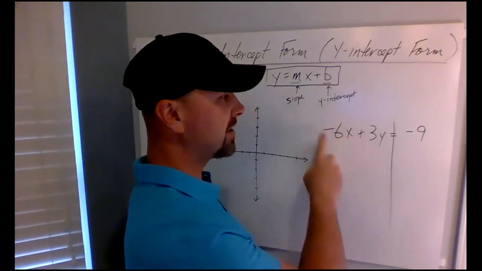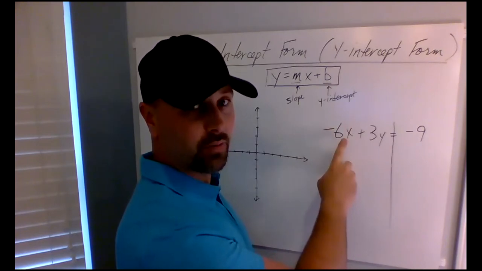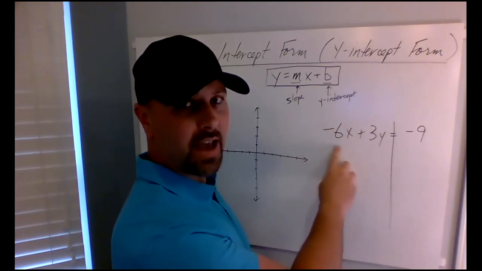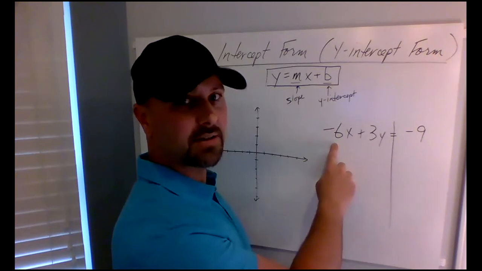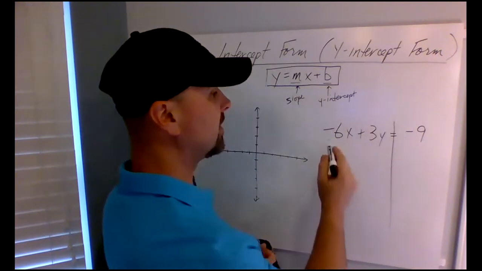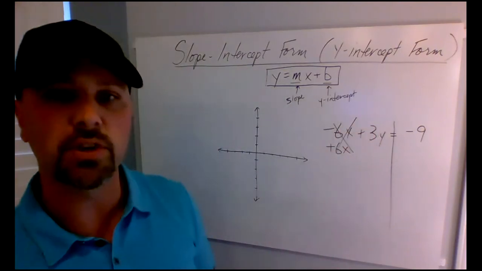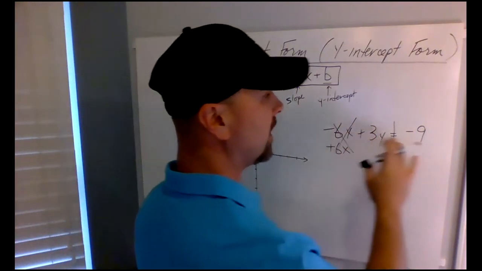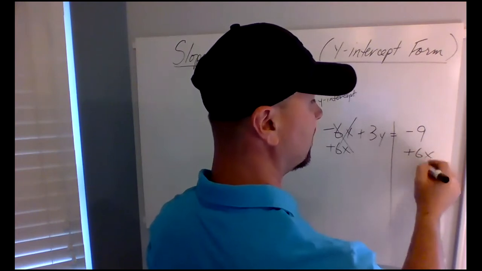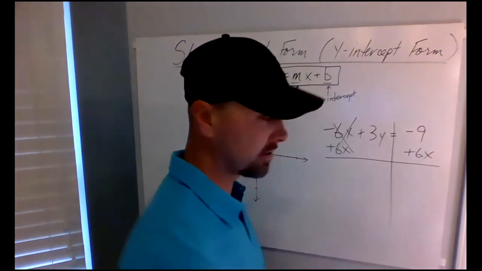And so I'm going to still start with this number that's attached to the x. What's the opposite of negative 6x? It's plus 6x, okay? No different than what we were doing a minute ago. We need to do it to the other side to keep the equation balanced.